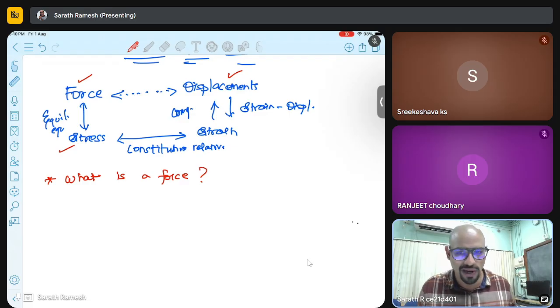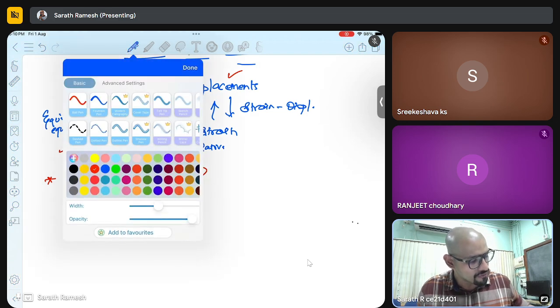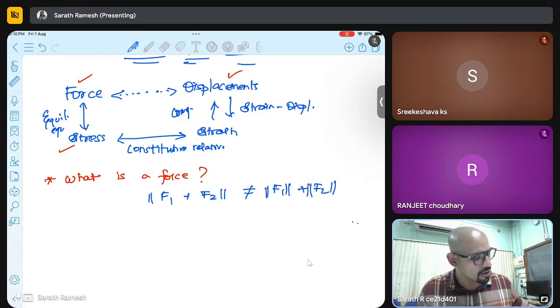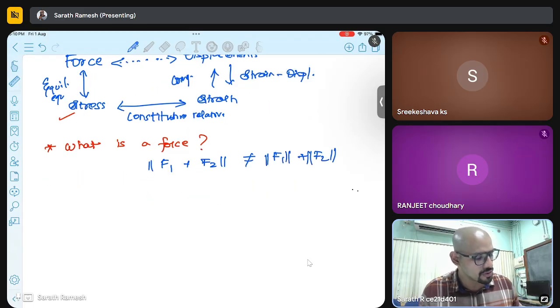We say force is a vector quantity because if it were a scalar, when we add and superpose, it would be the same. But in the case of force, this is not the same. This can also be proved using three spring balances as shown in the lecture.